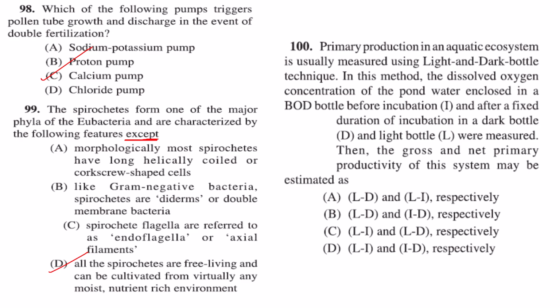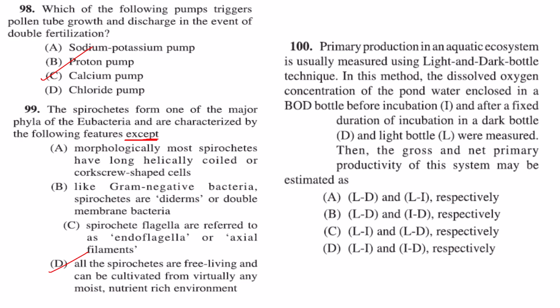So BOD is biological oxygen demand, the BOD bottle is filled with pond water and it is incubated in both light and dark conditions. Then the dissolved oxygen concentration is measured before incubation and after incubation in both the light and the dark bottles.